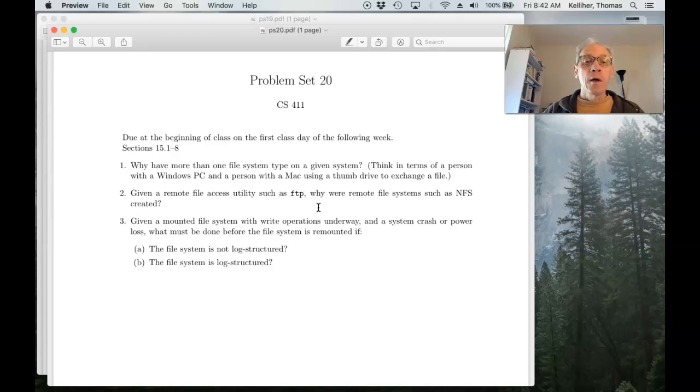Question 2. Another example system here, or an analogous one, would be Dropbox. NFS corresponds to using Dropbox's sync client on your system.